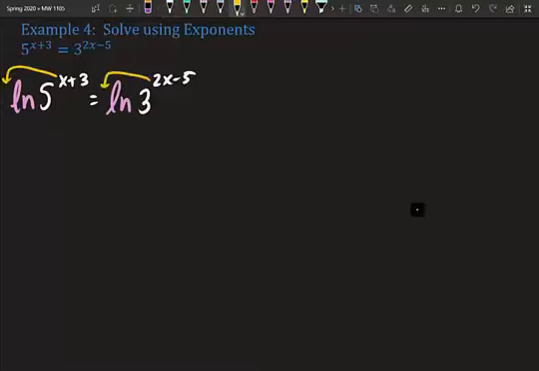And now our last step is to divide. So we divide by ln 5 minus 2 ln 3. And when we do, we finally have x. We have x equals negative 5 ln 3 minus 3 ln 5 over ln 5 minus 2 ln 3. That's the exact answer.